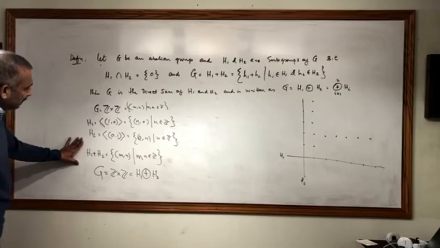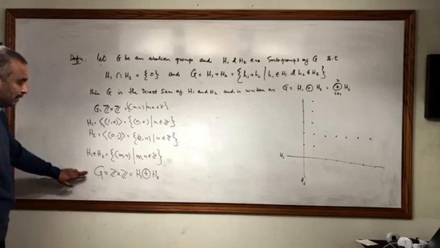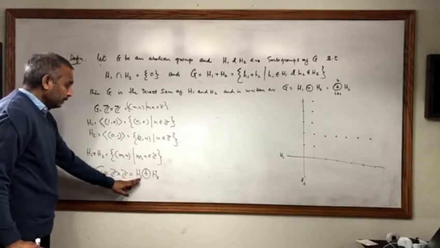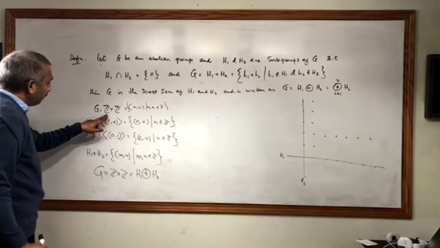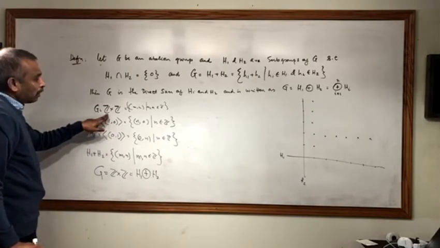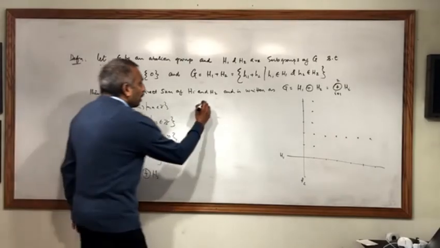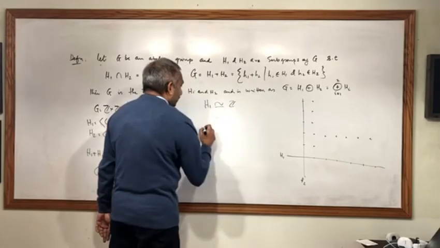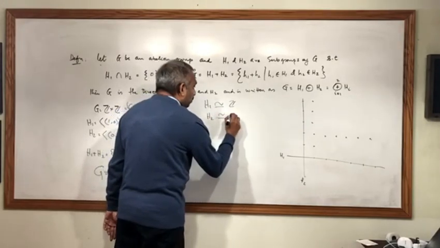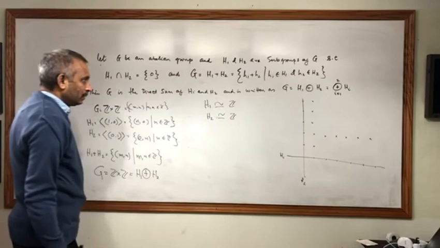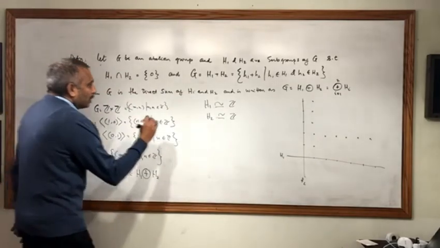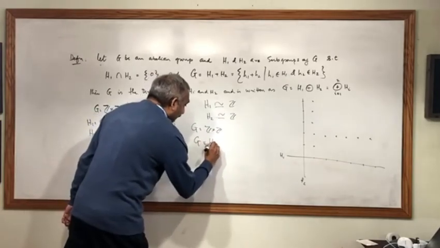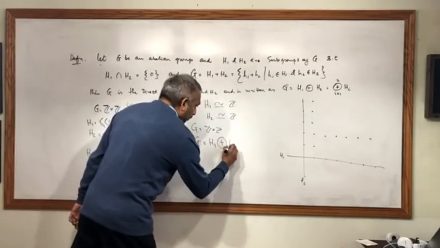This is nothing but a different way of expressing the direct product of Z and Z. See, H1 is isomorphic to Z, H2 is isomorphic to Z. So G is equal to Z cross Z and G is also equal to H1 direct sum H2.